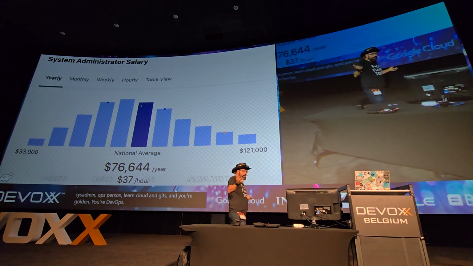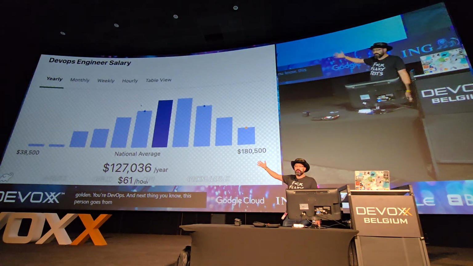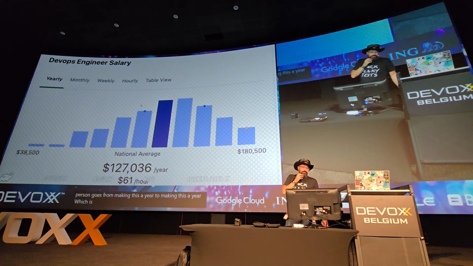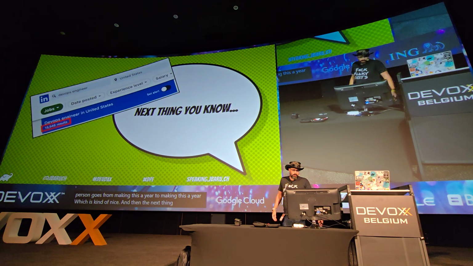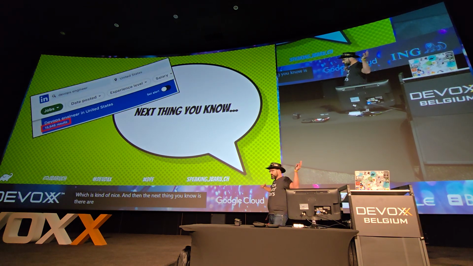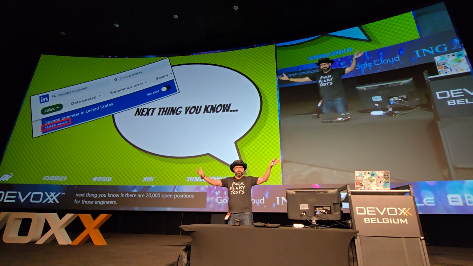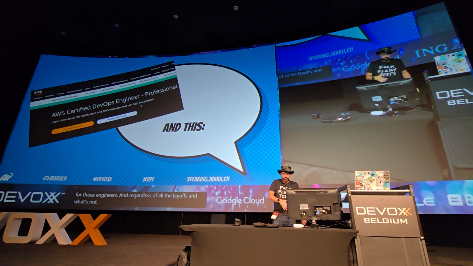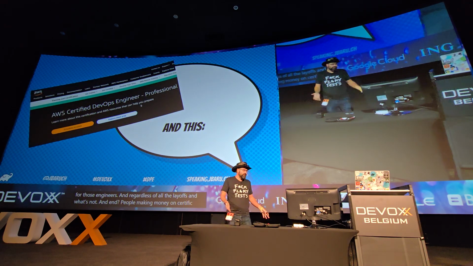And next thing you know, this person goes from making this a year to making this a year, which is kind of nice. And then the next thing you know, there are 20,000 open positions for DevOps engineers, regardless of all the layoffs and whatnot, and people making money on certificates for DevOps engineers.